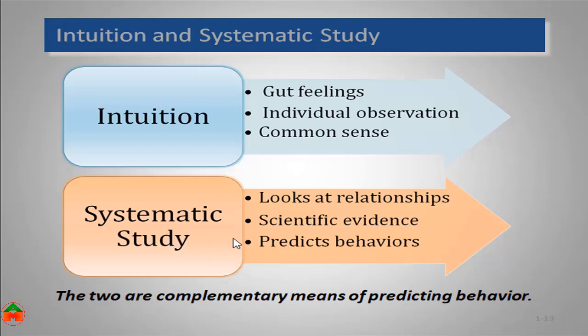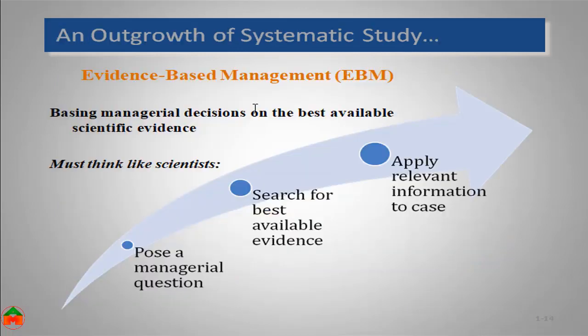From the systematic study, you can find out the scientific evidence for predicting the behaviors of the people. And whenever you are applying the systematic study or systematic analysis or scientific analysis or systematic research, you are focusing on evidence-based management. This is the best method for understanding the behavior of the people.